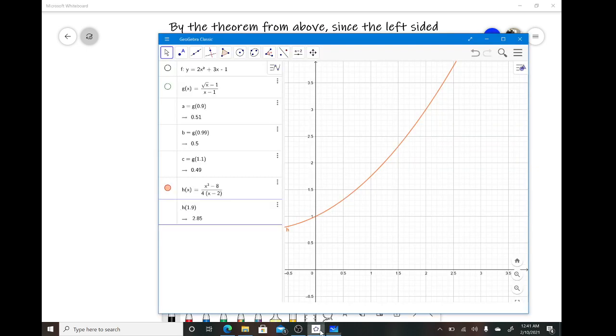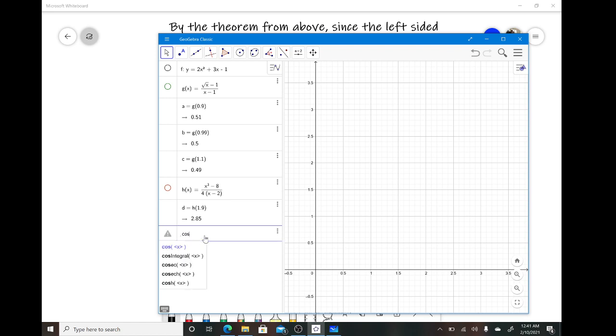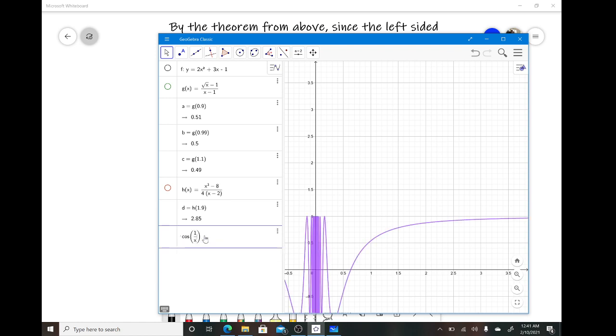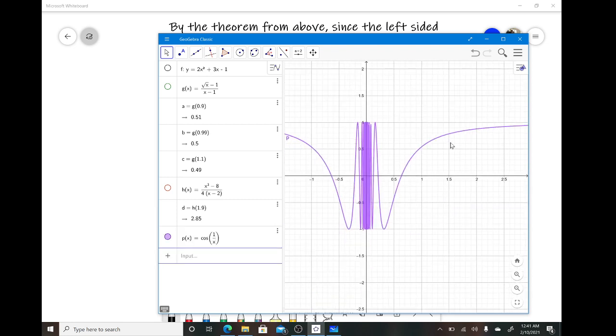So let's recall what the graph of cosine looks like. So we have cosine of 1 over x. And it's this beautiful, beautiful thing right here. So as we approach 0 from the right side, what's happening? Well, first, if you begin at 2, you notice that the values go down.